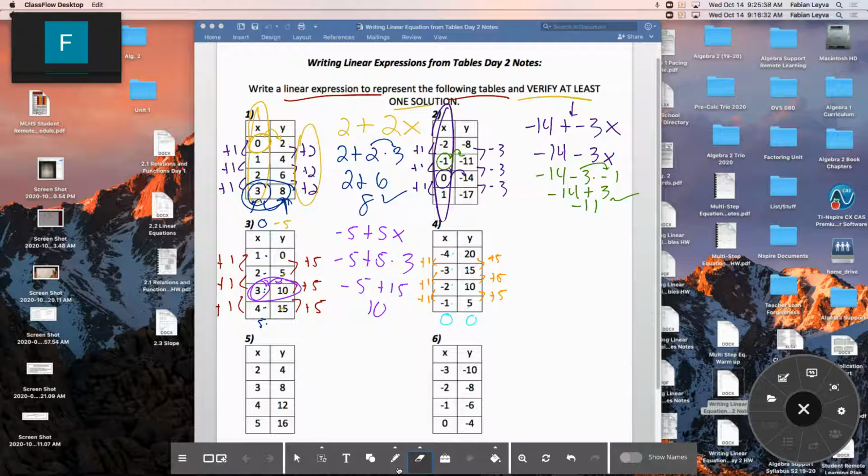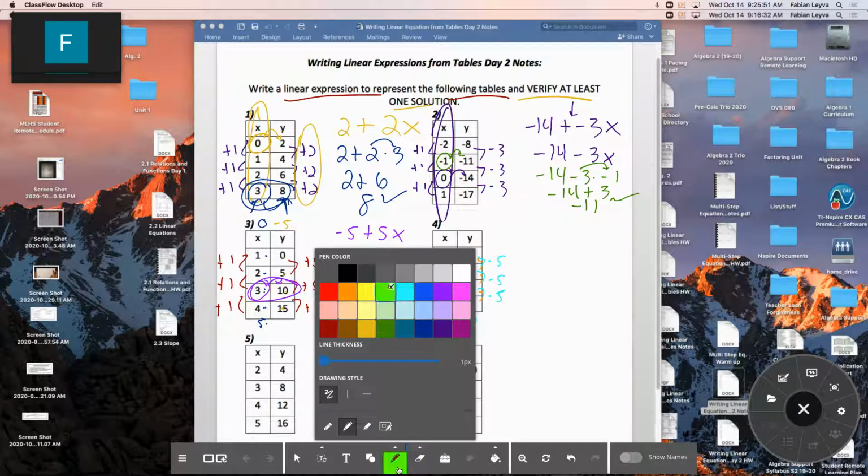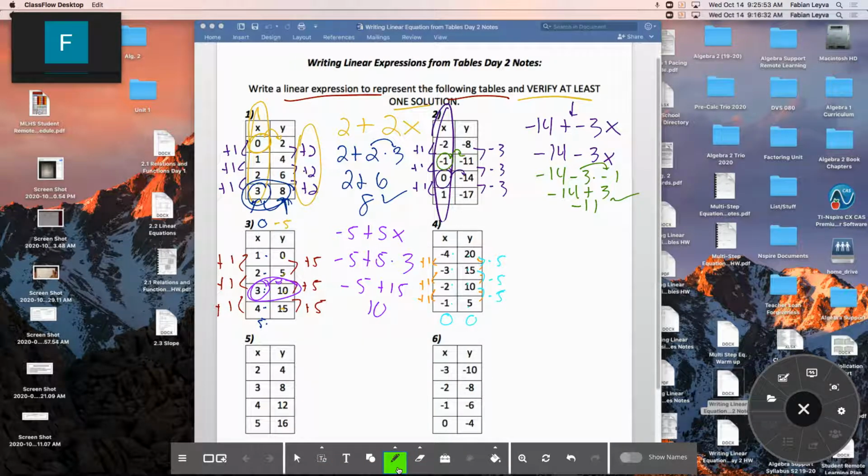I barely caught myself and noticed that I said adding 5. Don't make that mistake. Notice that I was minusing 5 each and every single time. So don't be like me. Make sure that you are saying what you're writing at the same time. Okay. All right. So keep in mind, take your time, see the patterns, analyze them, and go from there.